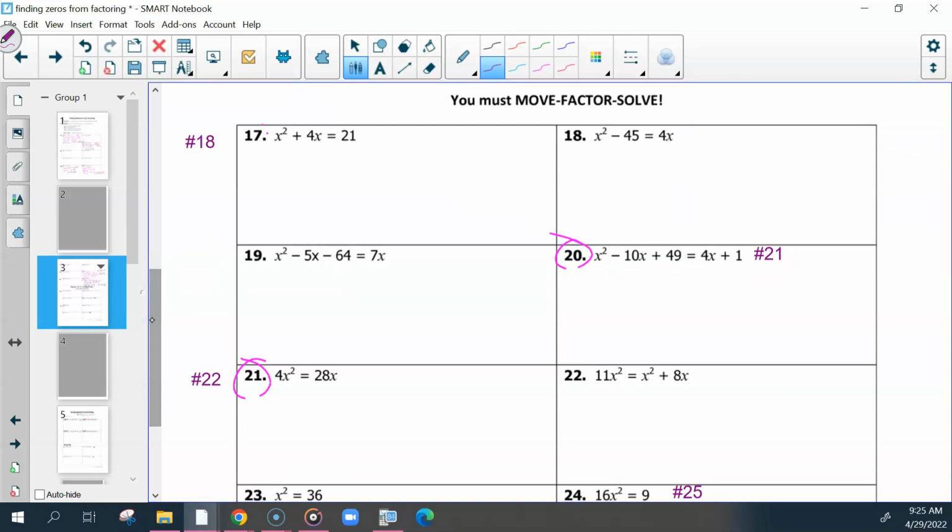I would say whichever side the x squared is on, move everything to that side. So when we do this, we would move 4x over by subtracting, and move 1 over by subtracting, and rewrite it and combine it. So x squared minus 14x plus 48 now equals 0.